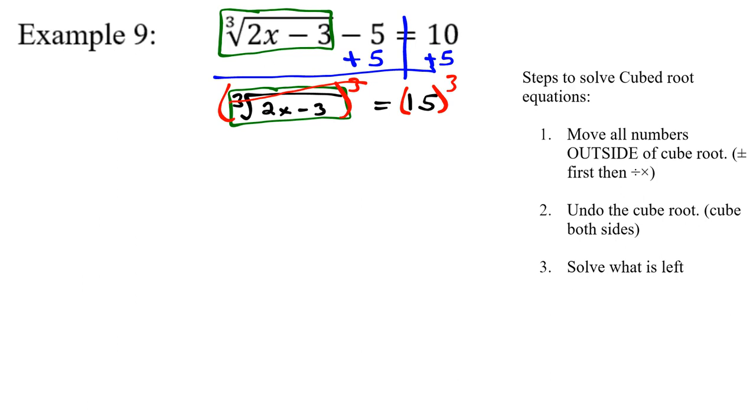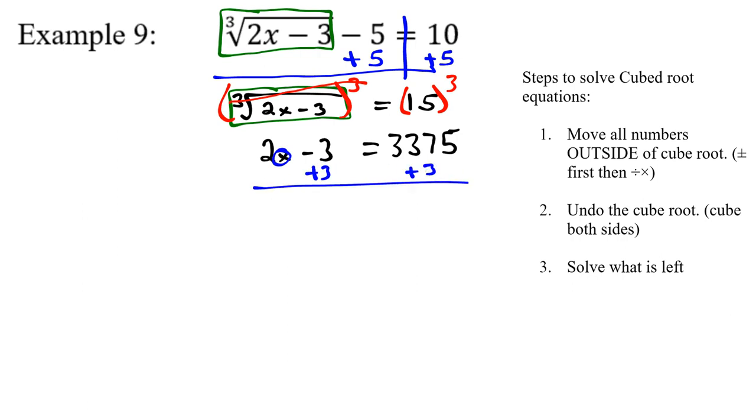So we get what's on the inside, which is 2x minus 3 is equal to 15 cubed. I don't even know that one, so let me calculate it. So 15 to the 3rd power is huge, 3,375. So we're going to continue to solve for x by first adding 3 to this giant number. 2x is equal to 3,378 because 3 and 5 make 8.